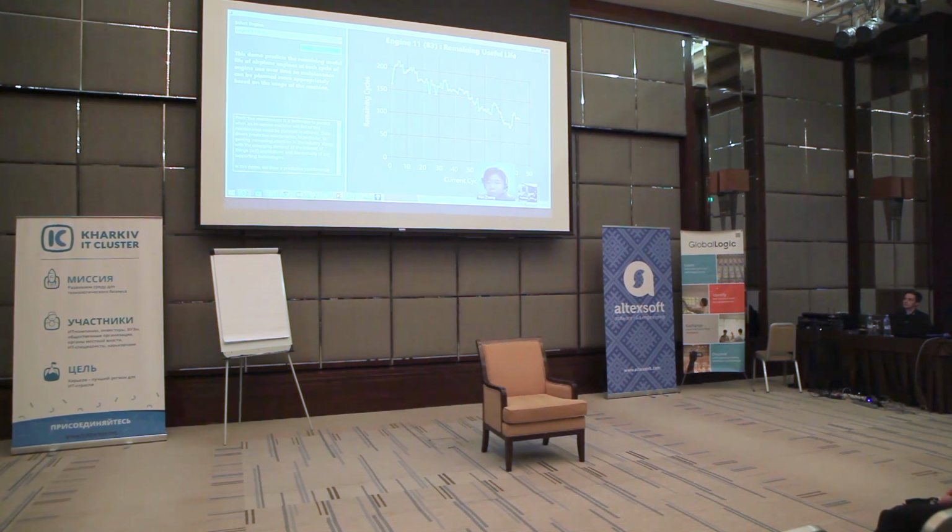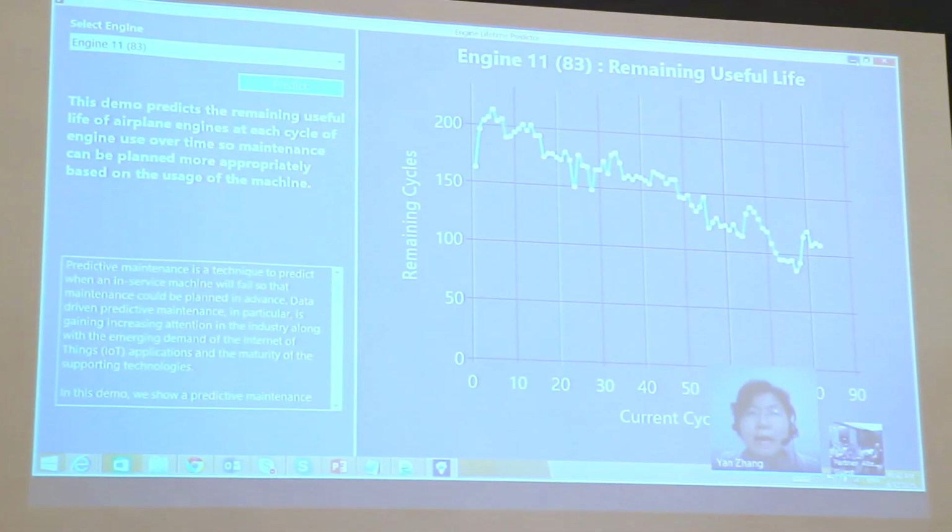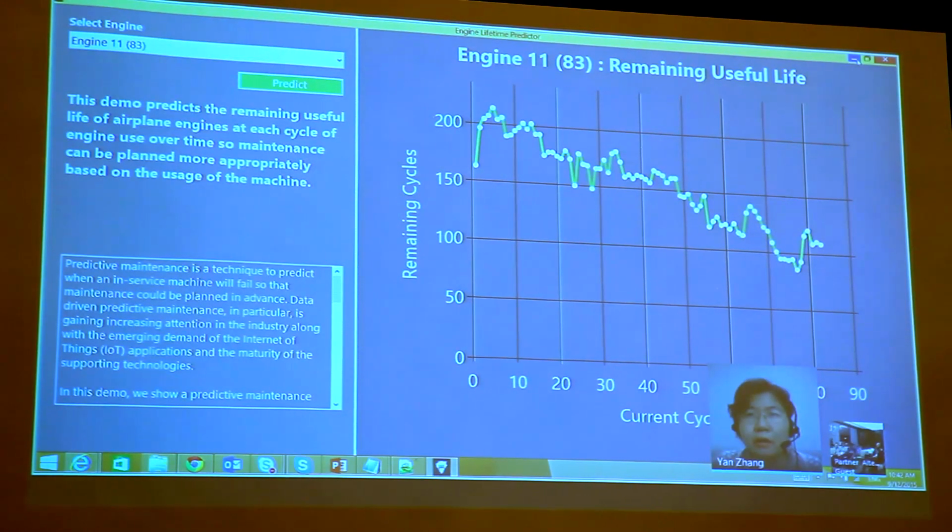For example, predicting elevator door failures, or predicting an ATM machine, when it dispenses notes, what's the risk of failure for the next 50 notes. So we are engaged with these kinds of scenarios for predictive maintenance.